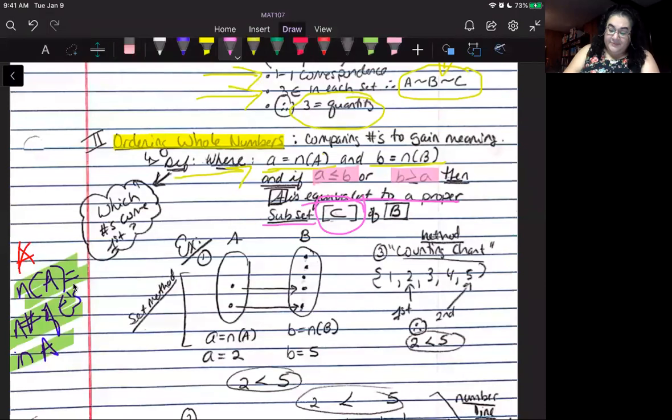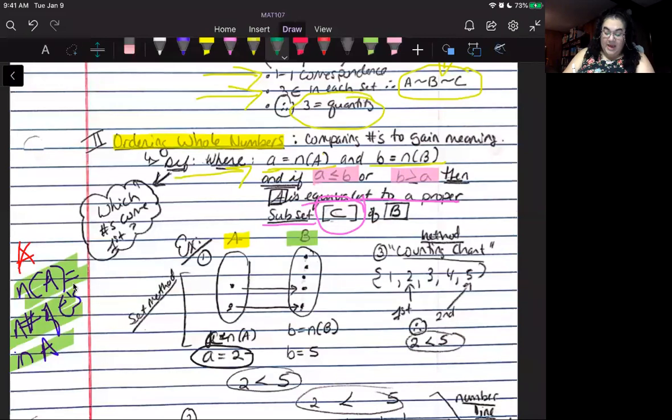Here we have set A, and here we have set B, okay? The number of elements of set A, remember we're using that lowercase notation now. So if a represents the number of elements in set A, then a is equal to 2 because there are 2 elements in set A, right?